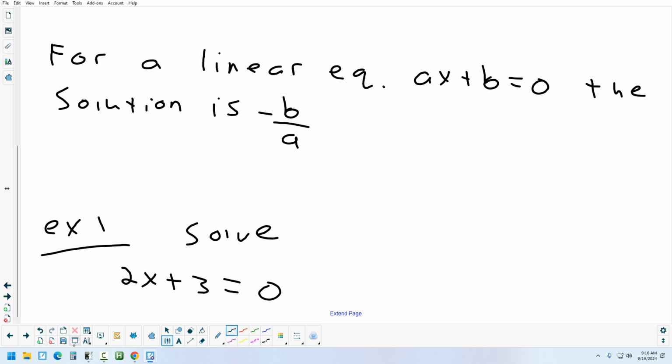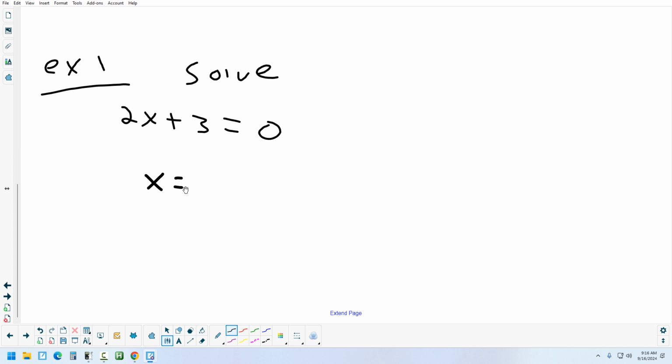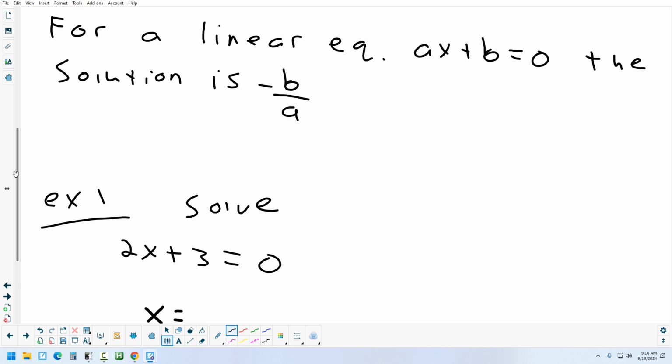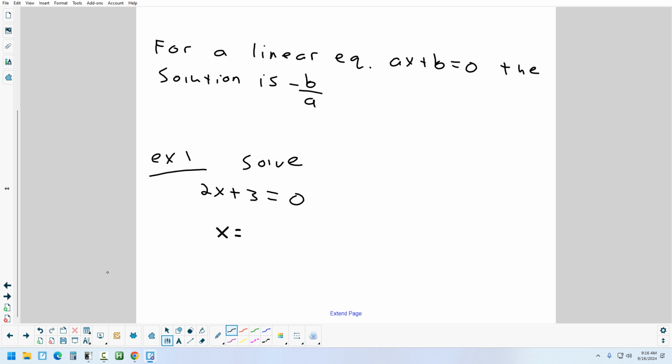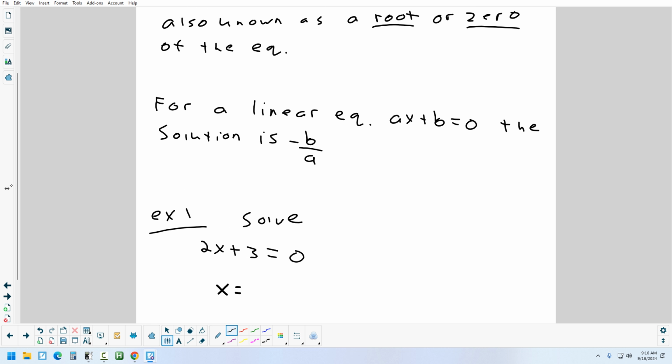All right. So if I were to solve that one for the root, or the 0, setting it equal to 0, what would x equal in this case? Yeah, negative 3 over 2. Now think about when you draw a line that's not horizontal.